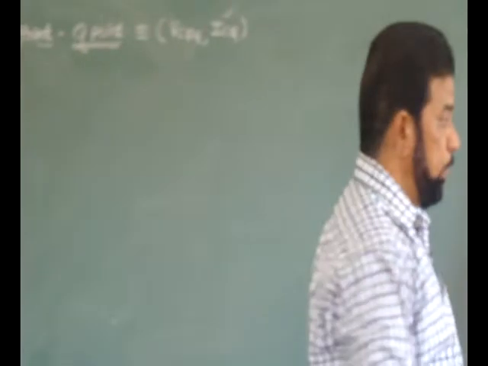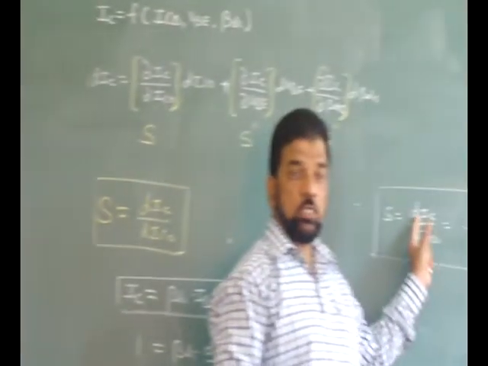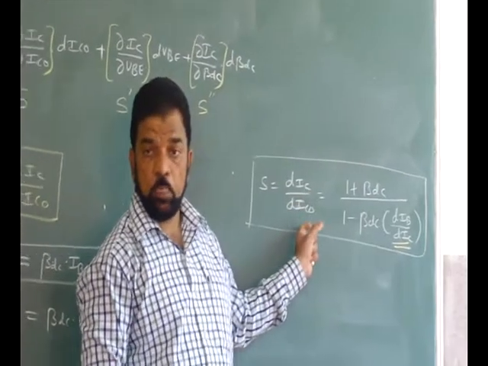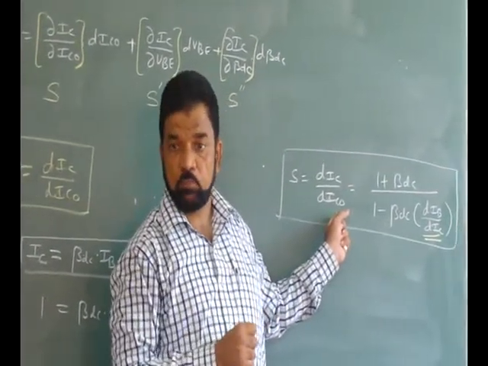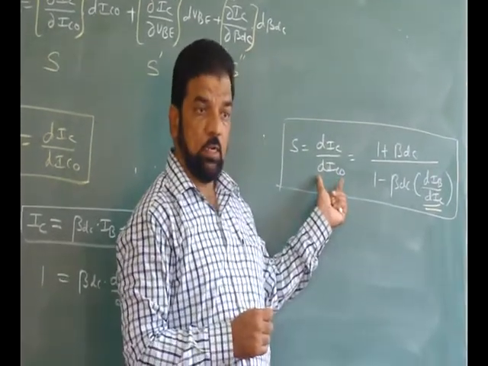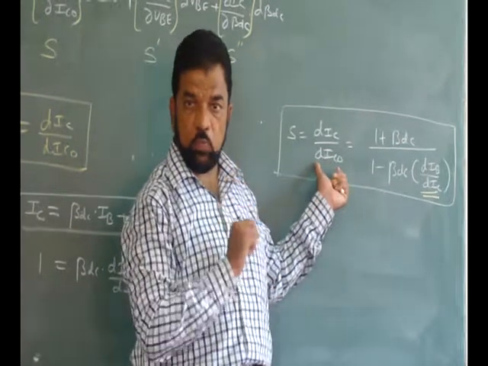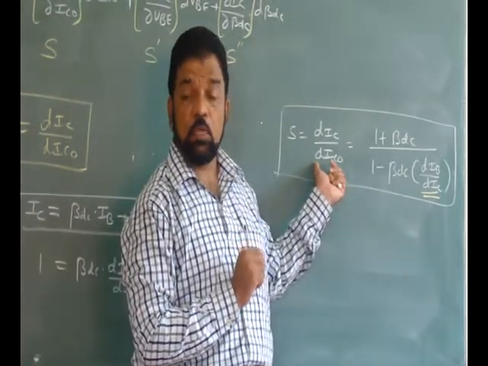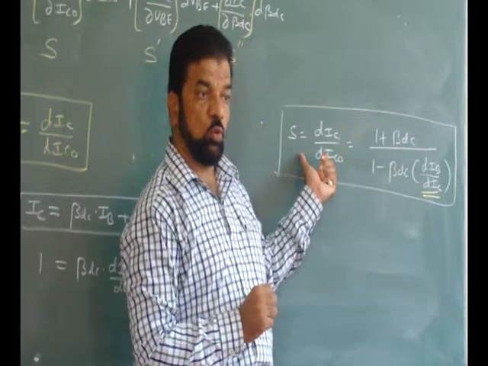That means the stability factor is nothing but the variation in collector current with respect to leakage current, or the variation in collector current with respect to temperature. So directly I can relate leakage current with temperature. If any circuit is given to you and the question is to determine S, what do you have to do?